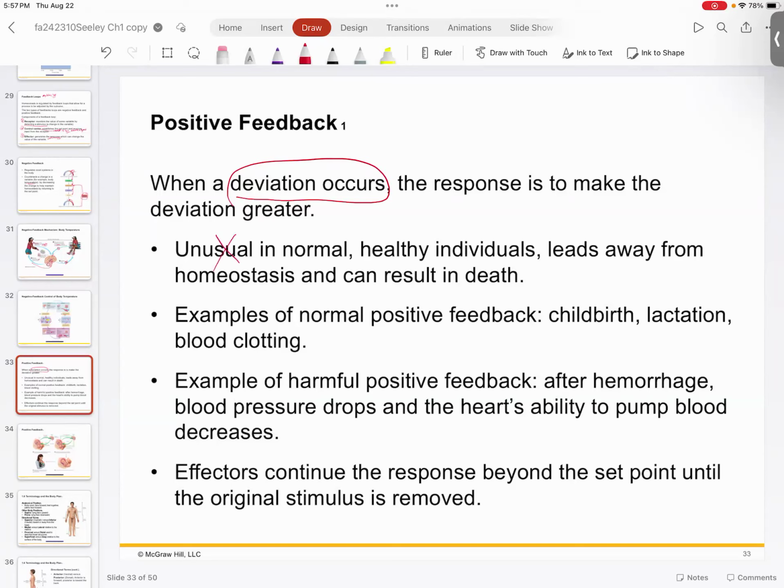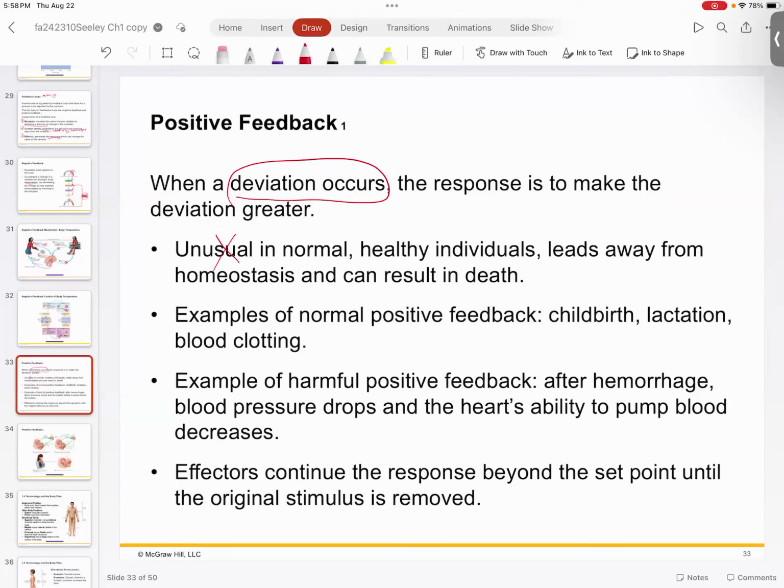I've had some books actually say they don't exist. That's not true, because positive feedback actually has a really critical role to play. On a physiological level, maybe they're not as common as at a biochemical level, but at a biochemical level, positive feedback loops happen all the time. And I want to explain to you why they're useful.